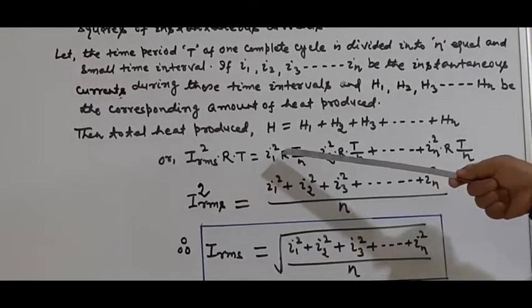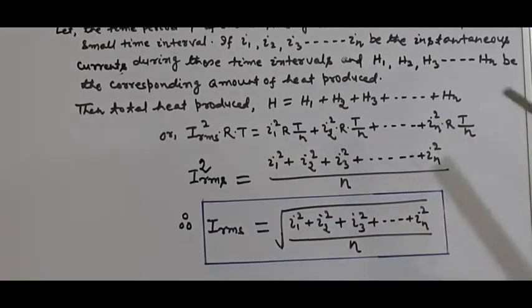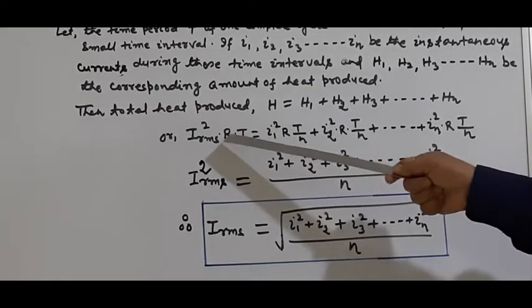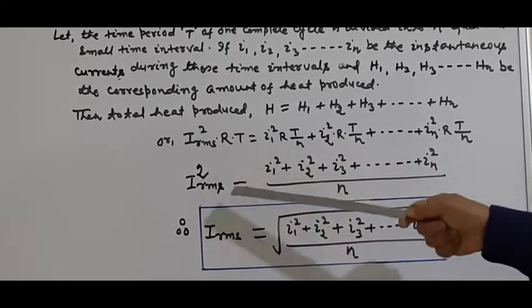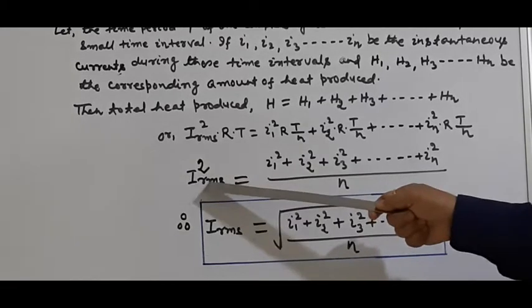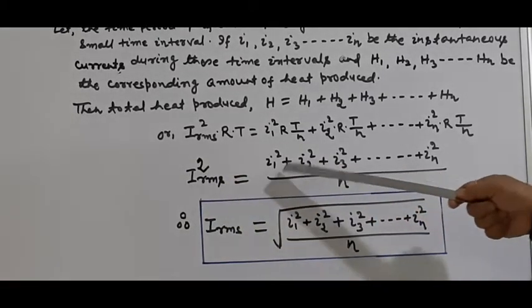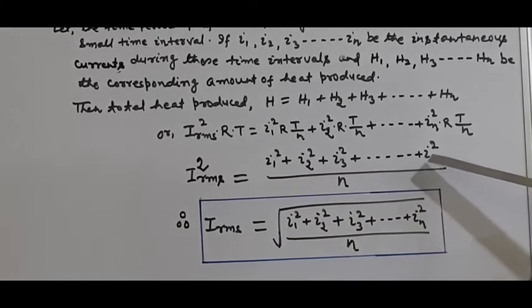On the right hand side take R and T common, and it will cancel with the left hand side R and T, and the equation becomes I_RMS square is equal to (I1 square plus I2 square plus I3 square ... plus In square) divided by n.